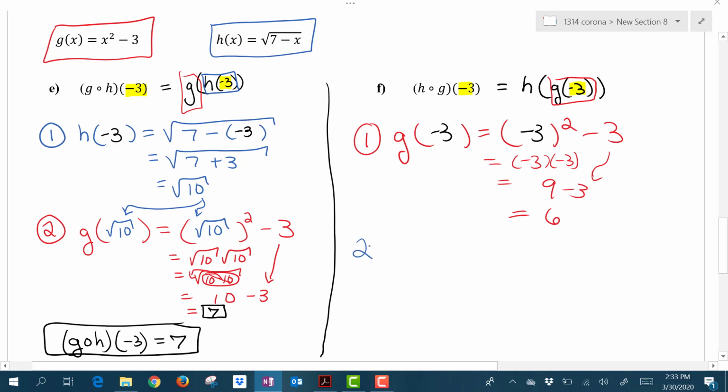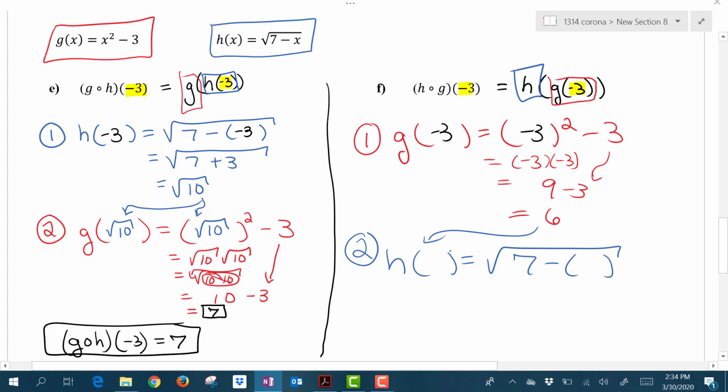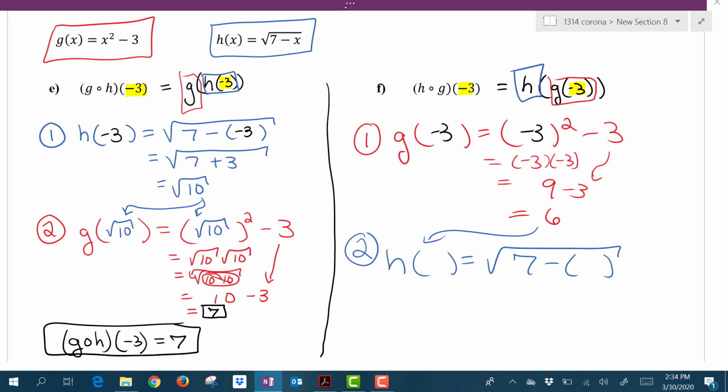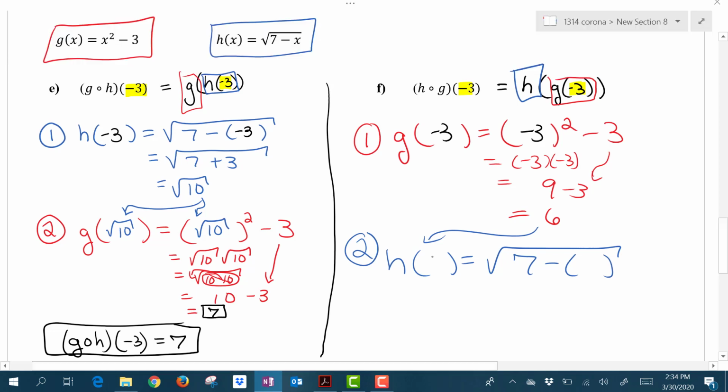I want to take that result and I want to put it now into the outside function H. So we're going to write out function H as an empty function, putting parentheses everywhere I have an x. And now I'm going to drop that result 6 into all those parentheses for that outside function.